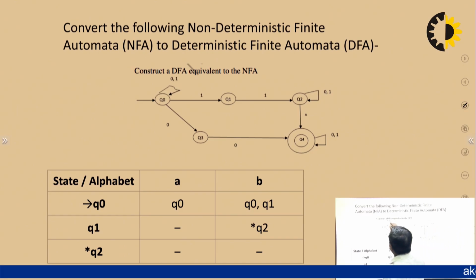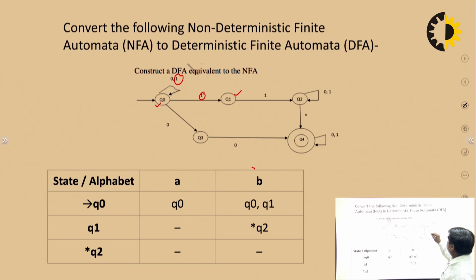It means with the help of an input the machine can move to Q0, and with the same input the machine can also move to Q1. That is the non-determinism. It means with the help of a single input the machine can move in 2 directions. The first direction is Q1, and the second direction is Q1 and Q0.